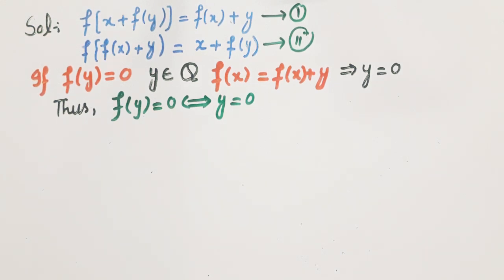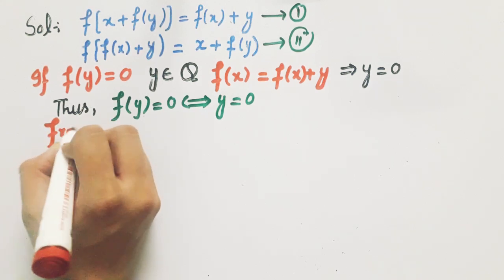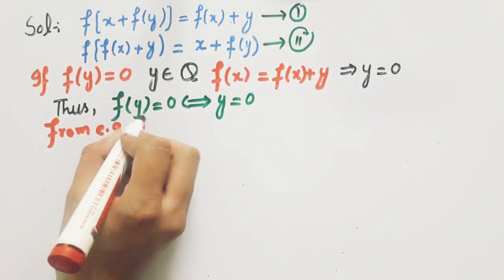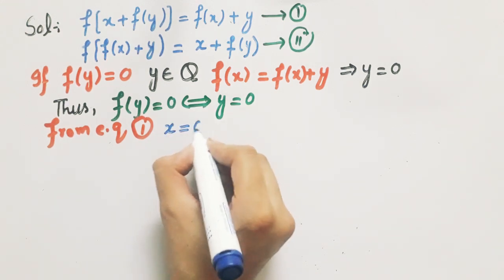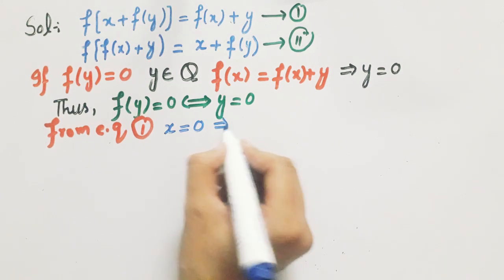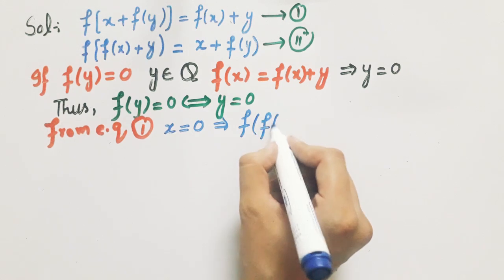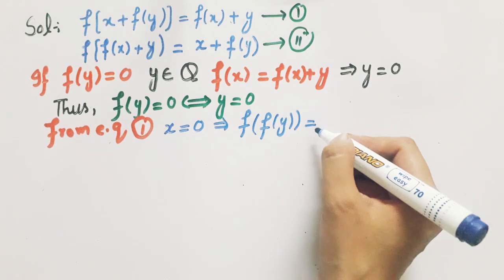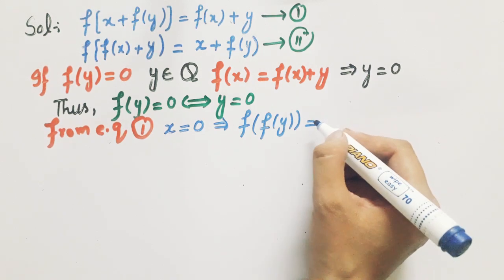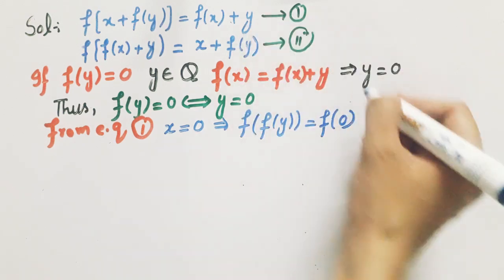Now from equation 1, substitute x = 0. This implies that f(f(y)) = f(0 + y), that is, f(f(y)) = y + f(0).